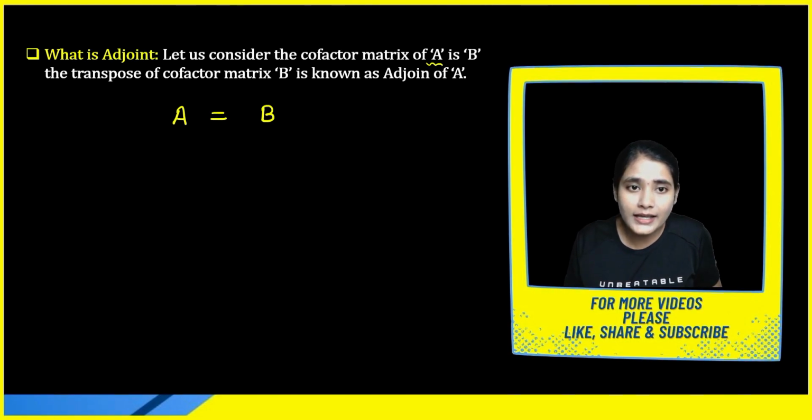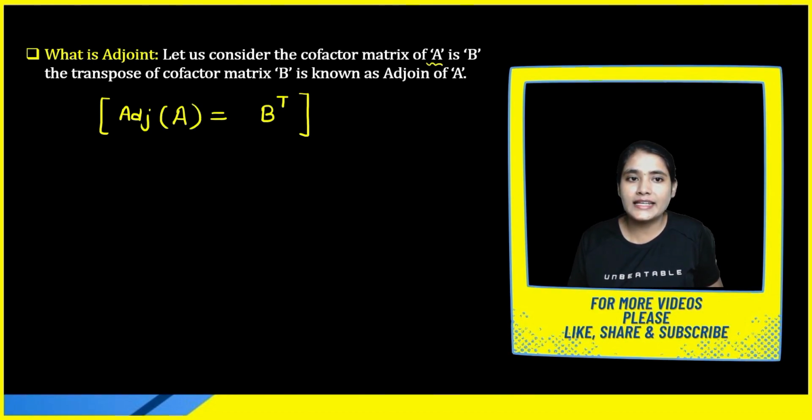When you take the transpose of a cofactor matrix, you will get the adjoint of matrix A. It is represented by adj A, which is equal to B transpose. Why do we put lots of time into solving the adjoint of A? To find the values of the cofactor matrix. That's why it is very time consuming.